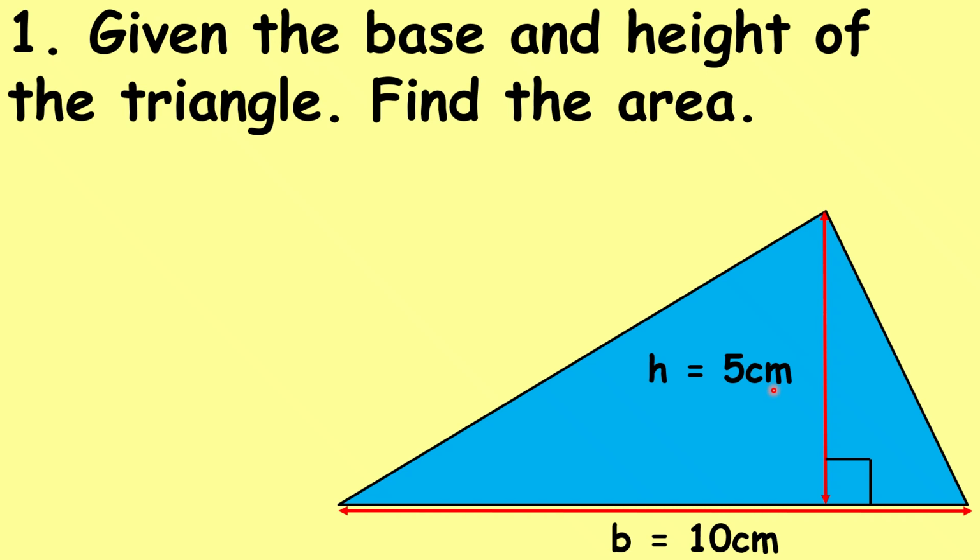Let's take note that whenever we are finding the area of a triangle, the height we are actually looking for is always the perpendicular height, meaning a height that is at 90 degrees to the base. So this sign shows 90 degrees, and this height is perpendicular to the base.